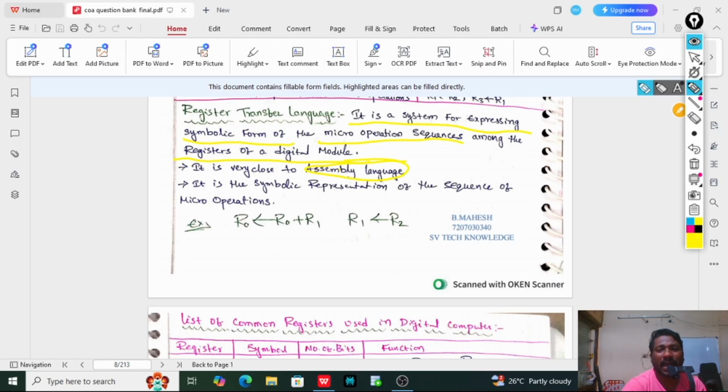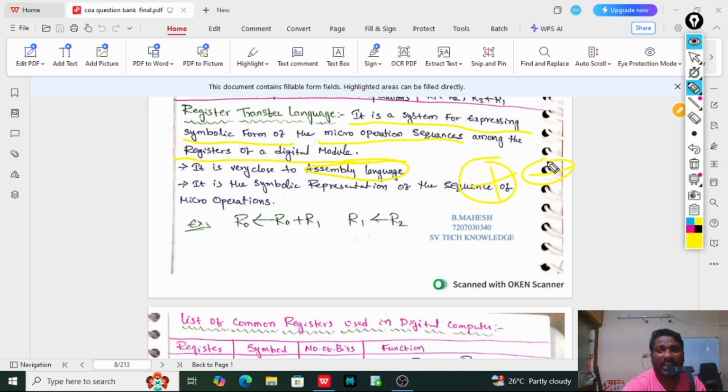If I perform an addition operation between two registers, then it is called a micro operation. And subtraction, division, all these operations I can perform on the data which is in a register. If you show those operation sequences in a symbolic manner, then it is called register transfer language.